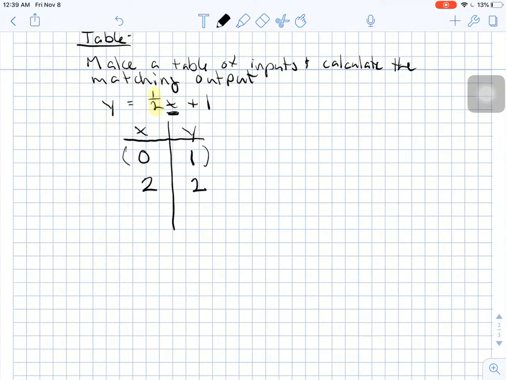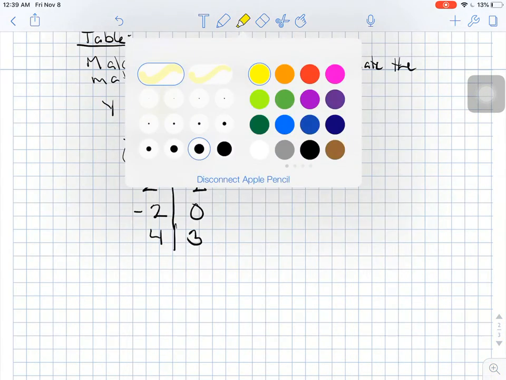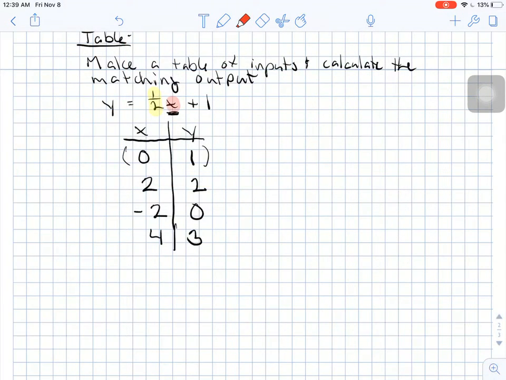I could go into the negatives, so you could go either direction with your graph. So I could pick a -2. 1/2 times -2 is -1, plus 1 is 0. That happens to be our x-intercept. I could choose 4. 1/2 times 4 is 2, plus 1 is 3. So I'm just using the equation and just dropping things in to the input right here to get the output.